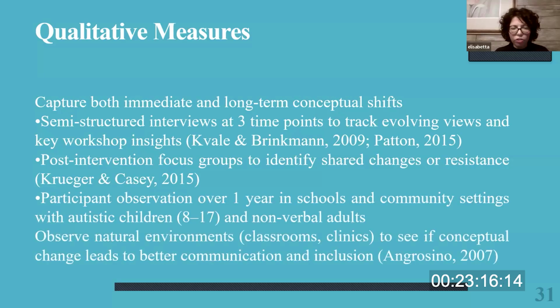Observation is really important to see if a conceptual change leads to better communication and inclusion. So we need to see changes in neurotypical people, because I don't know if it's clear enough, but not in autistic people. Autistic people are involved in order to, in some way, measure neurotypical changes.